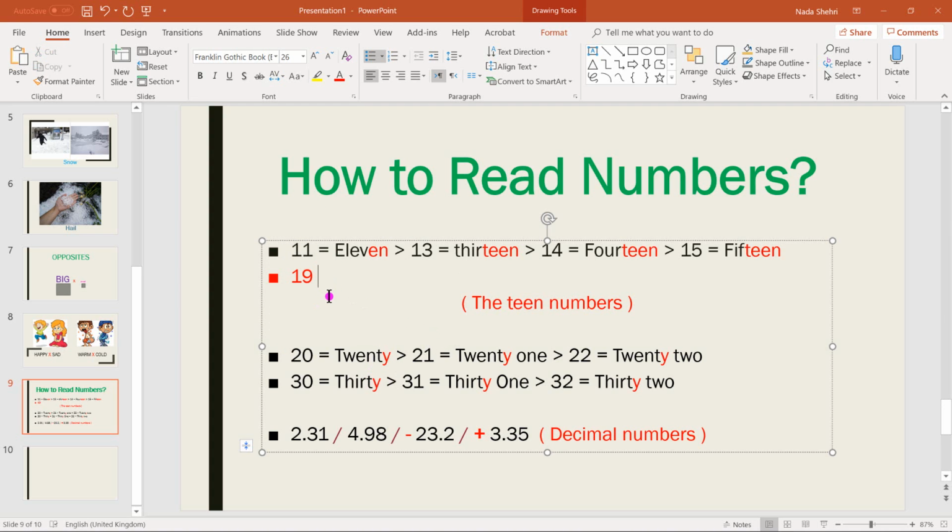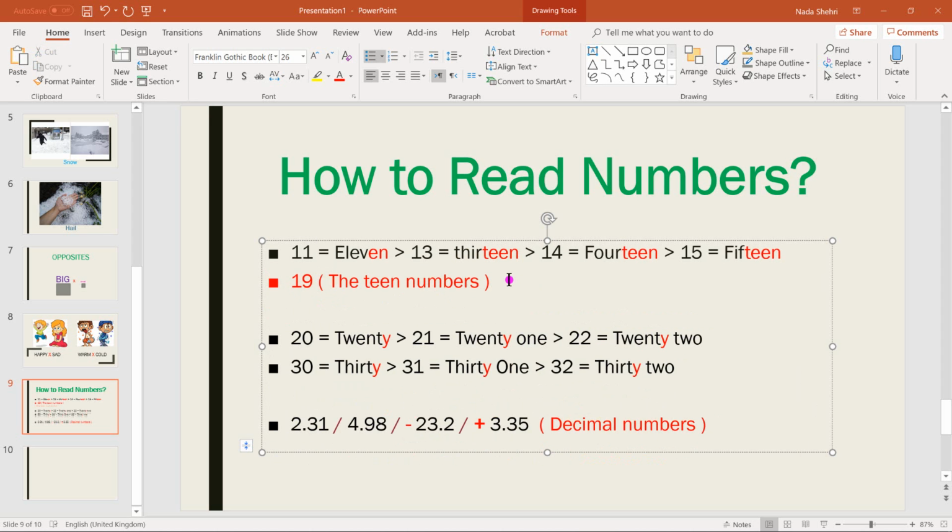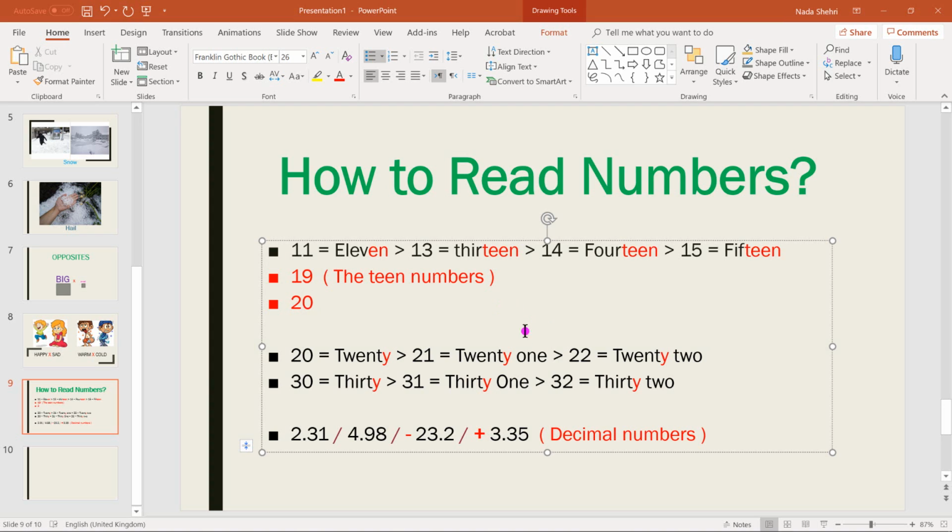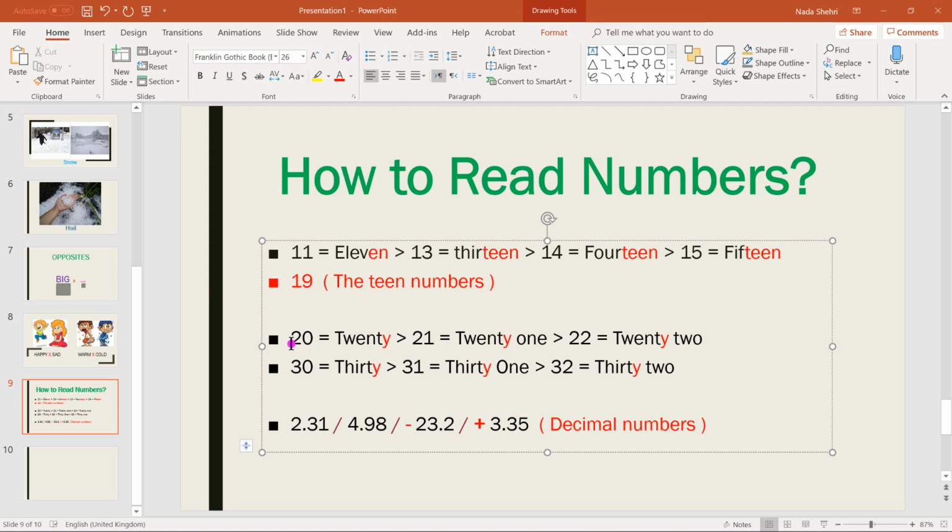Are we going to say 20? No, we are not going to say 20. We are going to move to something we call Y numbers or something like that. You need to know only the teen numbers and then you will make things easier on you. After 19, we are going to pronounce numbers like this: 20, 30, 40, 50, 60, 70, 80, 90.